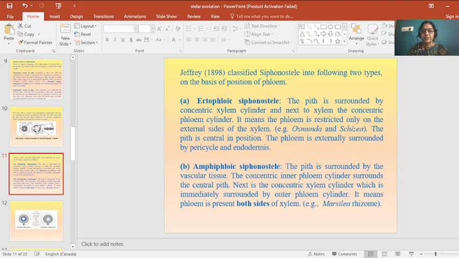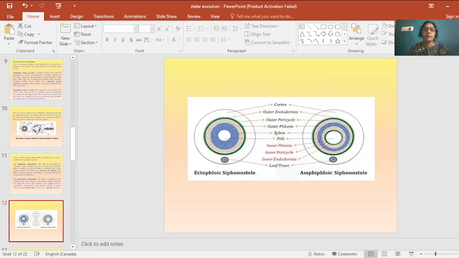In amphiphloic siphonostele, the pith is surrounded by vascular tissue. The concentric inner phloem cylinder surrounds the central pith. Next, the concentric xylem cylinder, which is immediately surrounded by another phloem cylinder. It means phloem is present on both sides of the xylem, found in Marsilea.